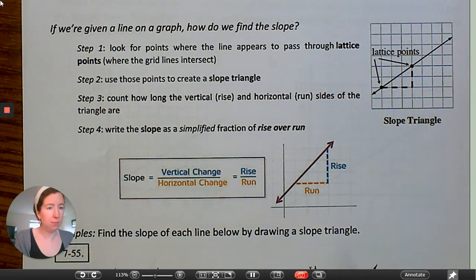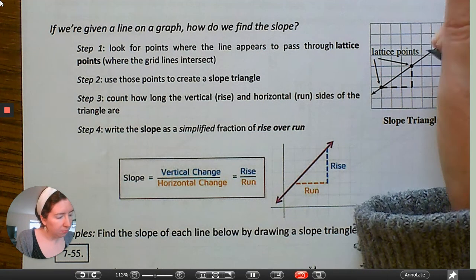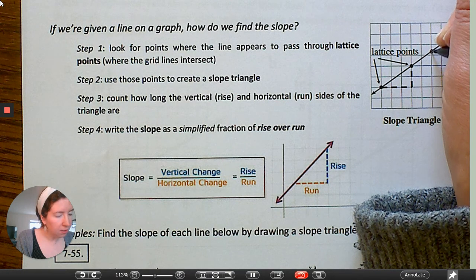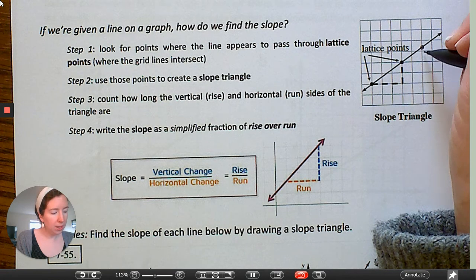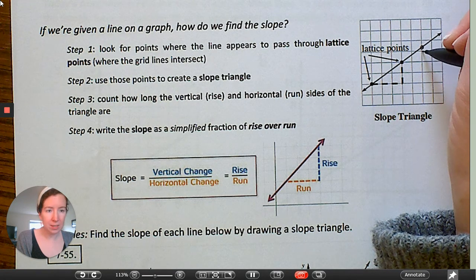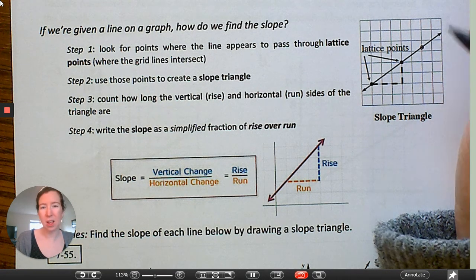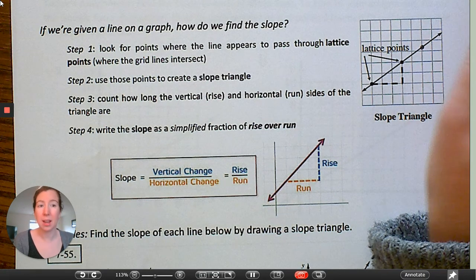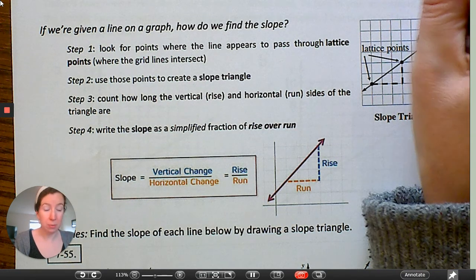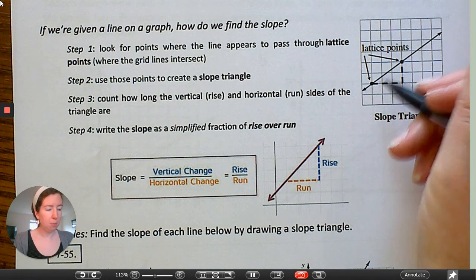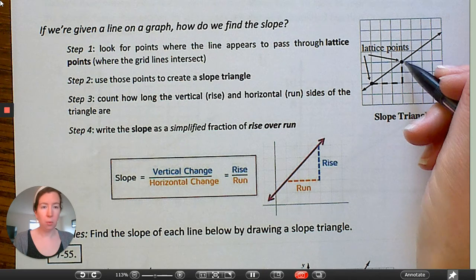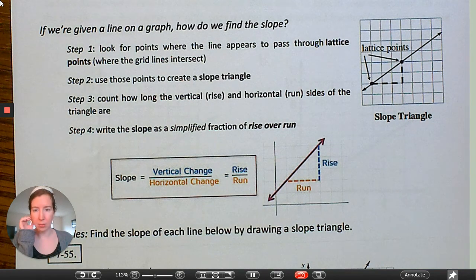So for example, if I were to look at this point right here on my graph, I can clearly see that it's going through this line, but it's not on one of these. And I don't want to estimate, like a half or a quarter or something, because I'm probably going to be wrong. So we want to make sure we pick points that fall where the grid lines intersect. And then using those 2 points, you want to create a slope triangle.